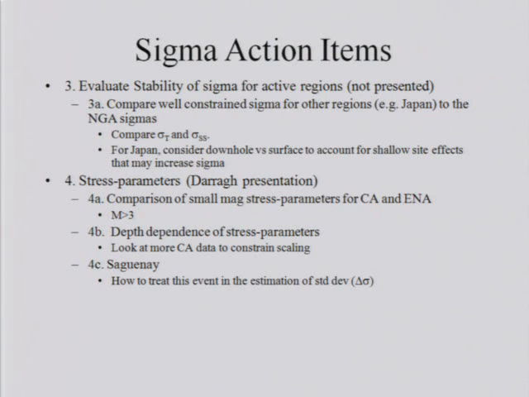What is coming out is that the sigma totals are not that stable, but the single station sigmas really are. We're getting much more common values of single station sigmas. The implication is that there's a different level of variability of the site terms in, say, Japan than what we have in California.